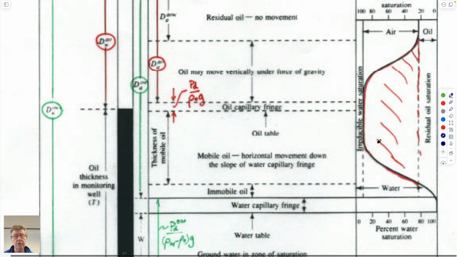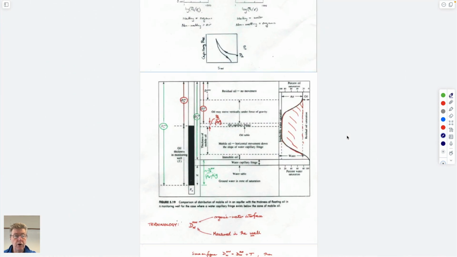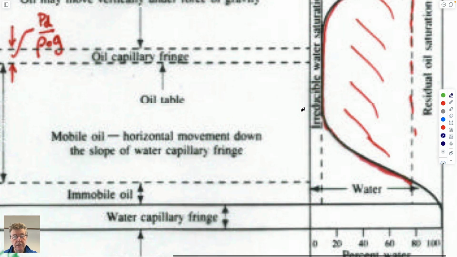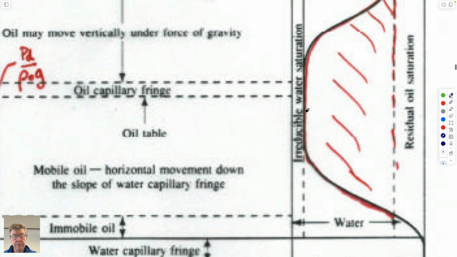This is exactly the same curve we've looked at before. So this is a borehole. This is the free product in the borehole, what we've called T before, right? This height. And we have this more complicated behavior that we can represent. So this portion here would be the irreducible saturation of water.